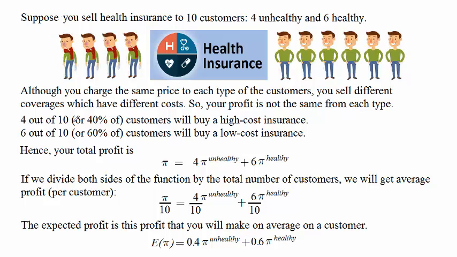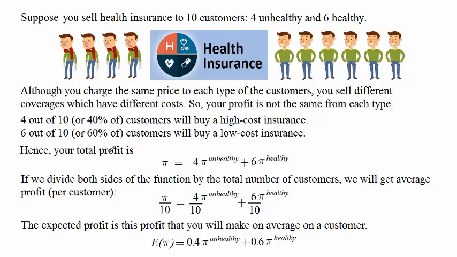Here we have 4 out of 10 customers buying high cost insurance, so this means that 40% of them, and 6 out of 10 buying low cost insurance, so 60% of the customers.